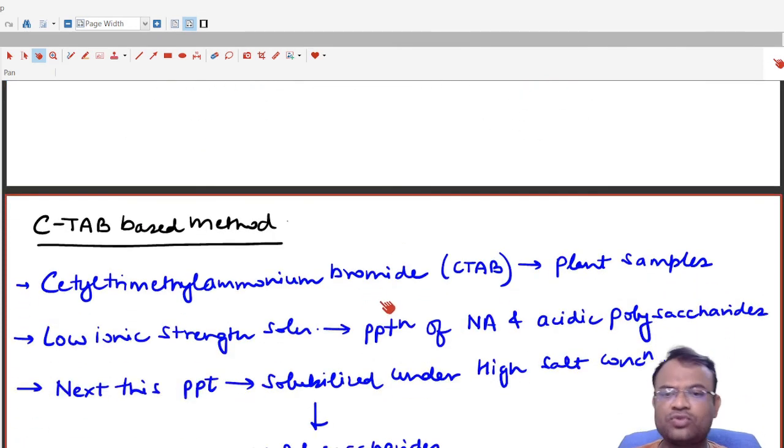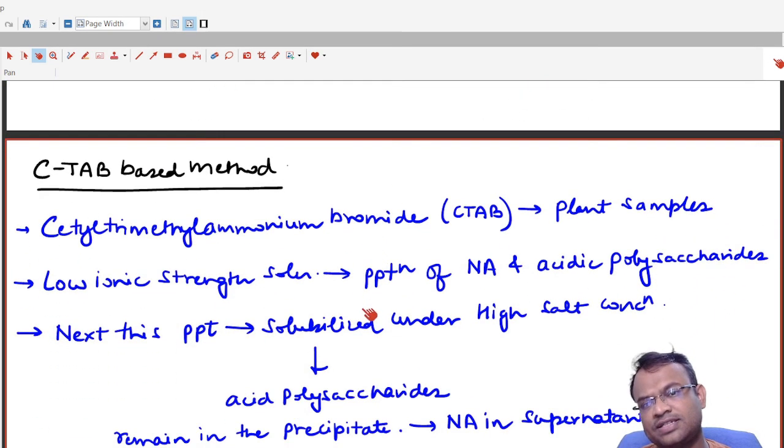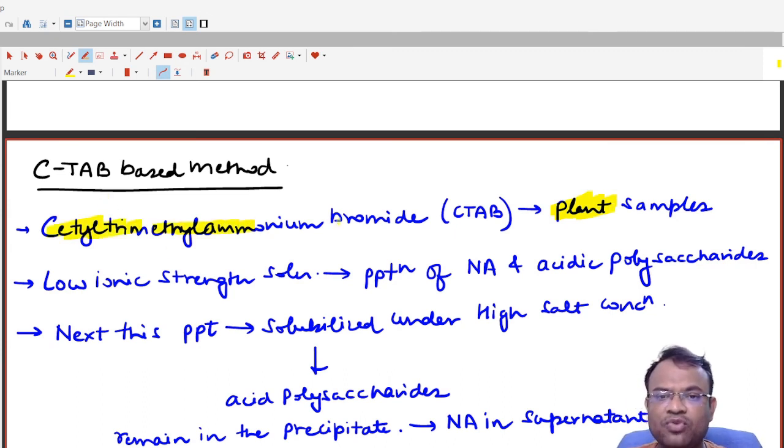Now let us move on to the last method, that is called the CTAB method. This is also a very common method, but it is mostly used for plant samples. The full form of CTAB is cetyl trimethyl ammonium bromide.